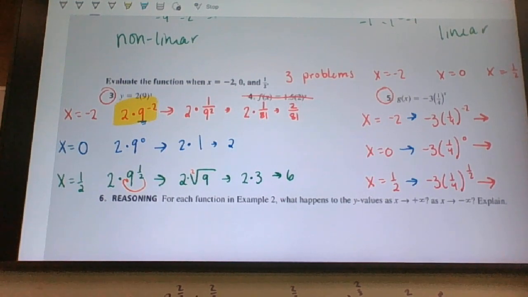So -3 times 1/4 to the -2. Wait a minute. So that's -3 times 1 to the -2 over 4 to the -2. But negative exponents change the value in the fraction, right? So the 1's going to move down and become positive.